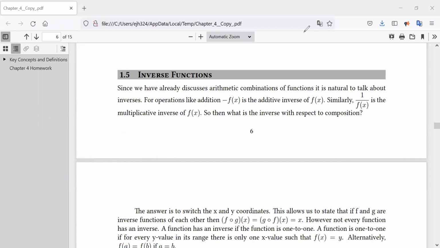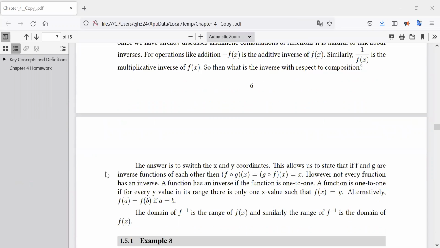So if this doesn't make sense, don't worry too much yet. But the important thing is we're trying to find a function that when we compose it with f, we get back to just x.